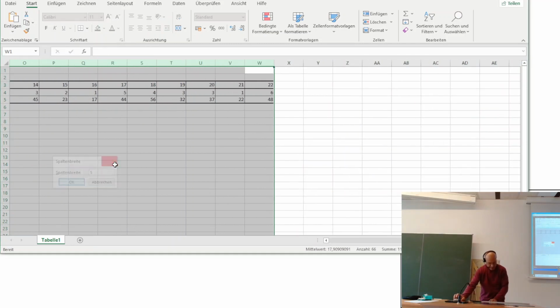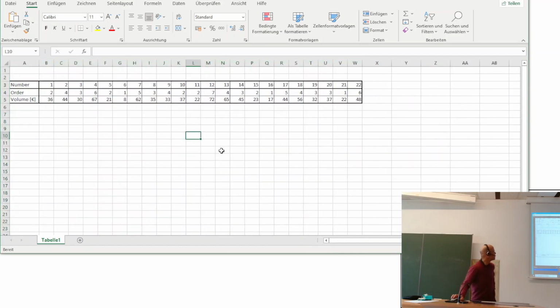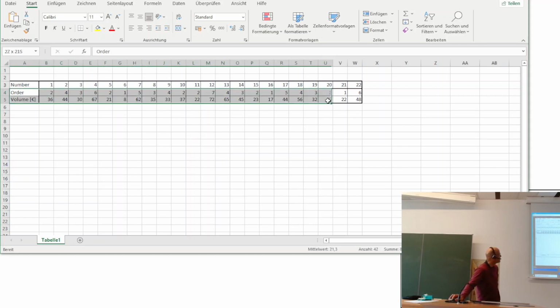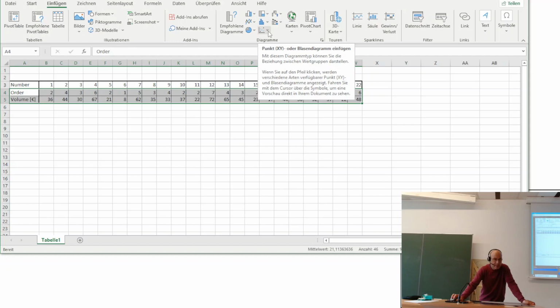I think 5 is enough. And now you have your data set, and we want to have orders and volume. Now just use your possible diagrams, and this possibility here is XY. So this is the representation with data points.